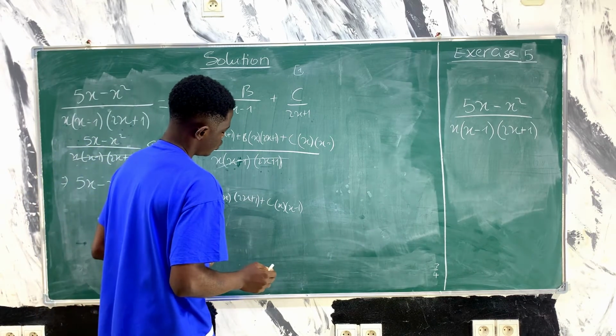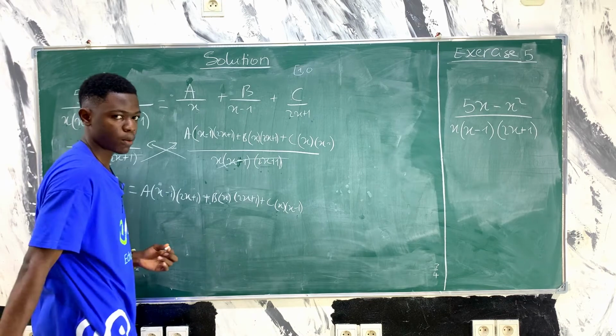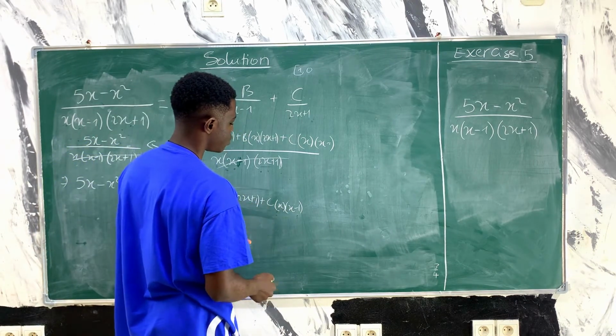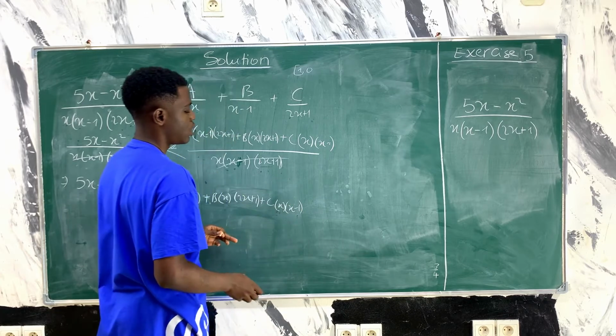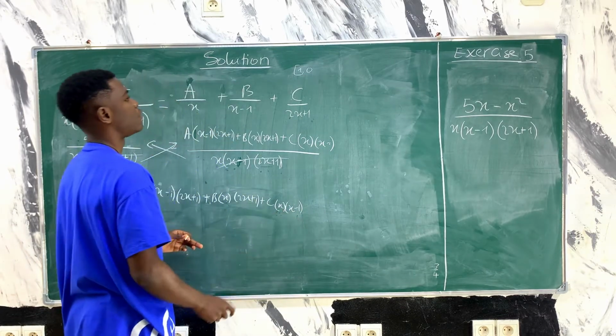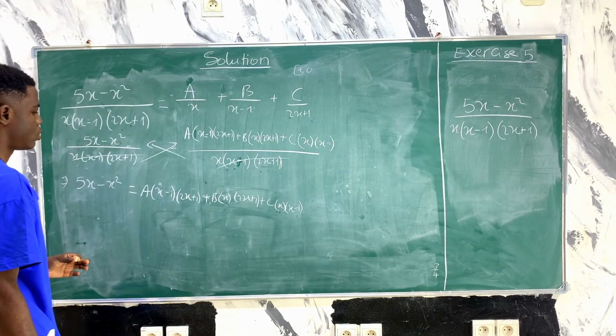So my second value is 0. Let's come here now. What value of x can I make to make this thing to be 0? When I use 1, I'll have it at 0, but I've used 1 already. I used 0 already.